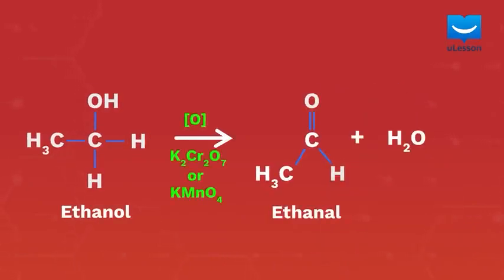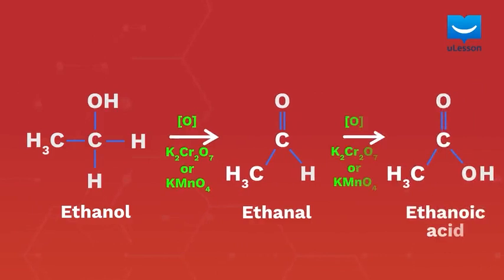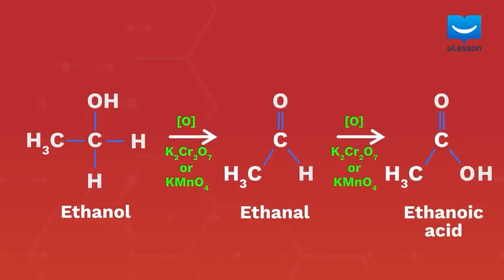We discussed this in our lesson on the chemical properties of ethanol. However, the primary alkanol, ethanol for example, must be in excess of the oxidizing agent to prevent the alkanal formed, that is ethanal in this case, from being further oxidized to an alkanoic acid, that is ethanoic acid.